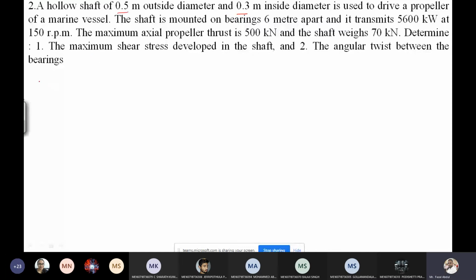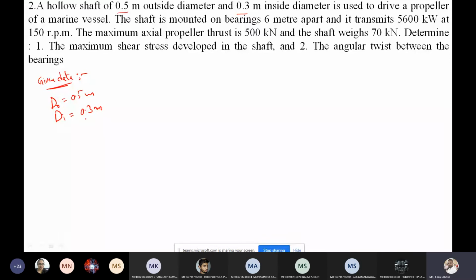So first write the given data. Given data: hollow shaft outer diameter d naught is 0.5 meters. Inner diameter di is 0.3 meters.